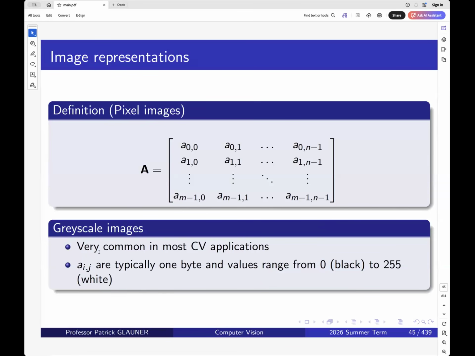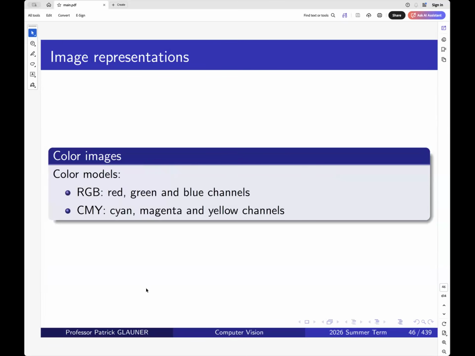In fact, you can convert very, very easily a color image to a grayscale image. But every year there are some students who pick color images as well for their algorithms. But a lot of algorithms we look at can simply be done much, much easier if they run on a grayscale representation than on a color image. And now there will be a few words, obviously, about color images as well. There are different color models.